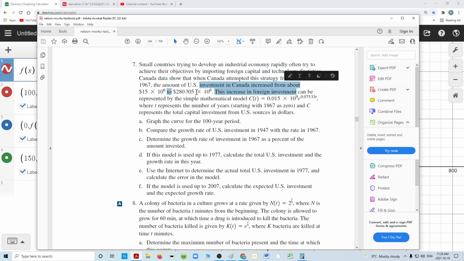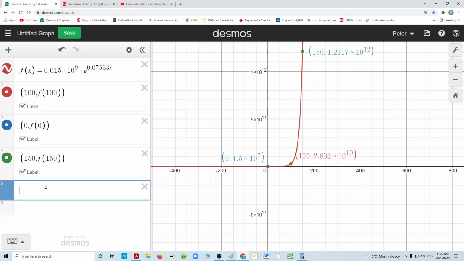Amount of U.S. investment increased, so you can see that the overall industrial economy skyrocketed with this. And then they say graph the curve, compare the growth rate from this to this, so from 1947 to 1967. So we have to do 47 is 80 years in.